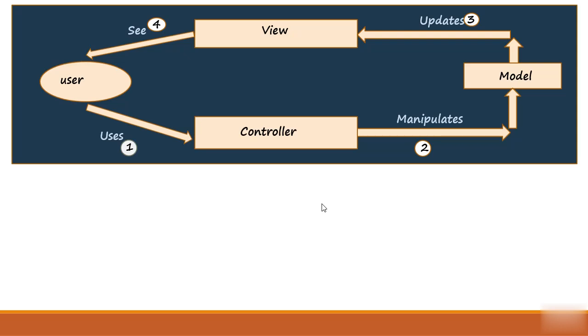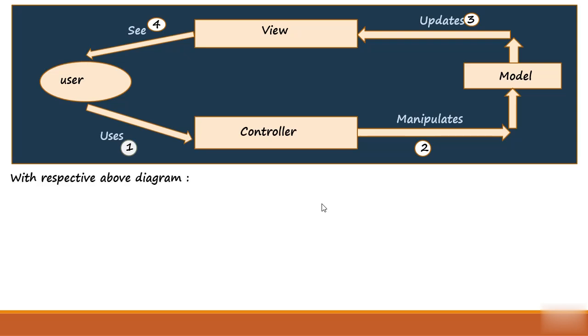Then the model layer updates after data storing in the database. For example, we are storing student information. Those updates from the model go to the view layer. From the view layer, student information or any information is forwarded to the user. User is nothing but a browser.